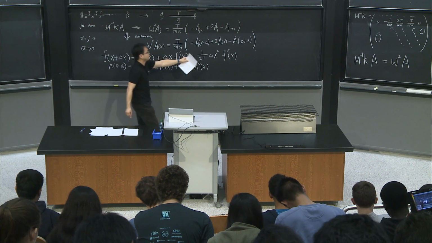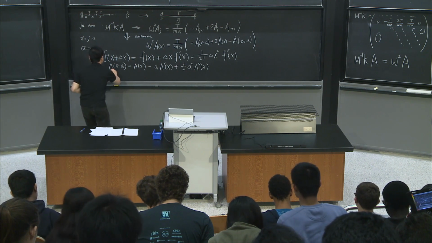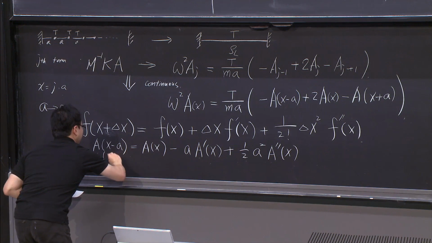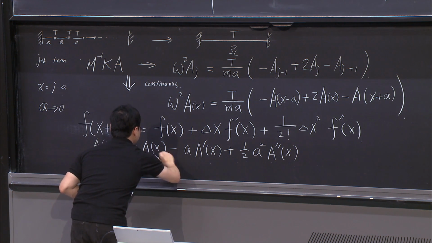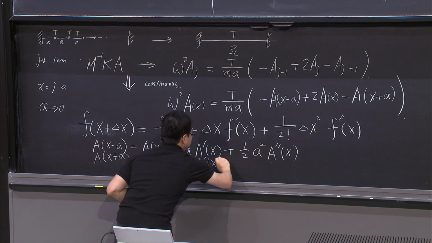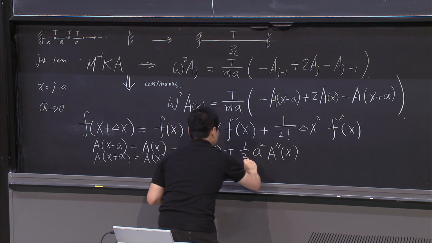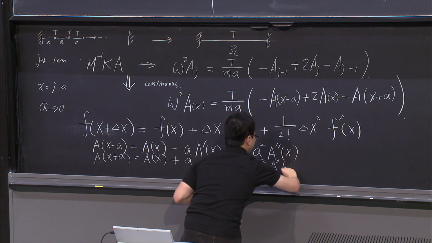I can do the same thing for A(x plus a): A(x) plus a A prime(x) plus 1 over 2 a squared A double prime(x).